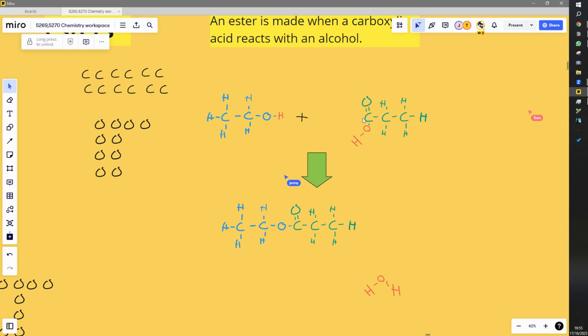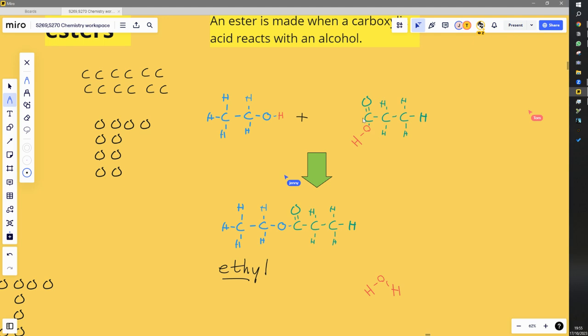Naming esters is weird, and I don't think you'll need to know how to name them, but it's good to understand it anyway. This bit on here, we call the ethyl group, or it could be a methyl group. The eth, because there's two of them, right?